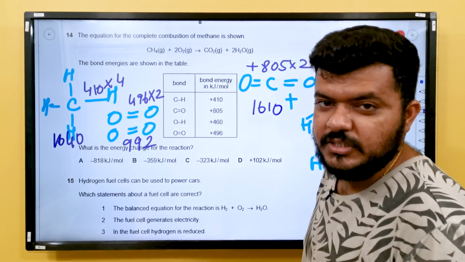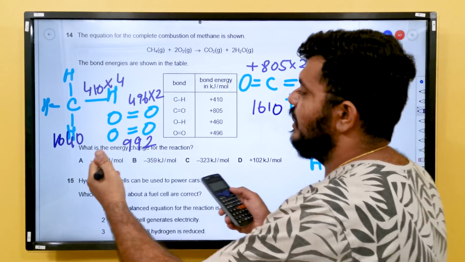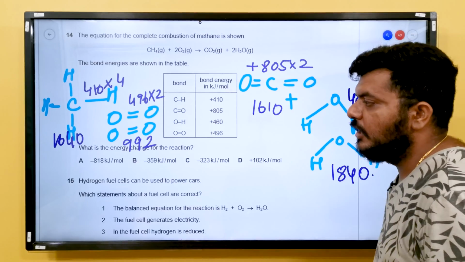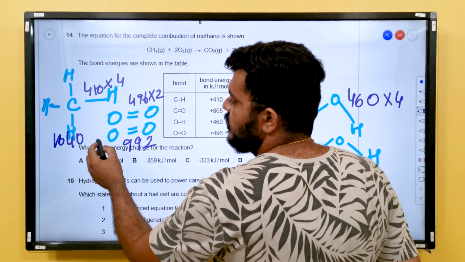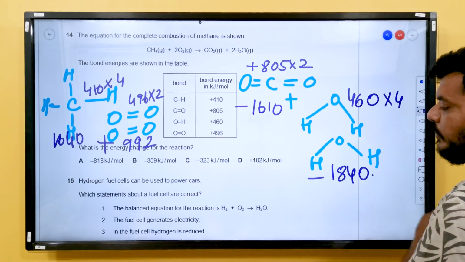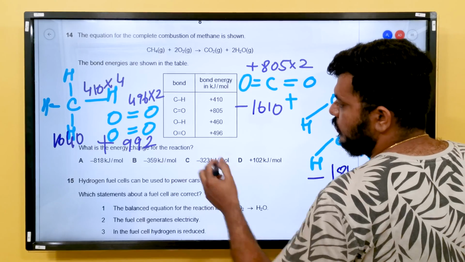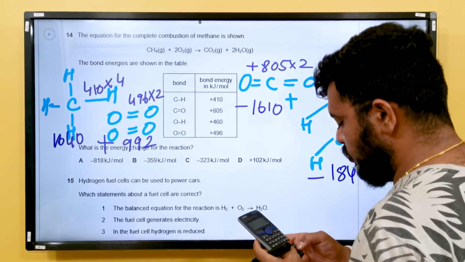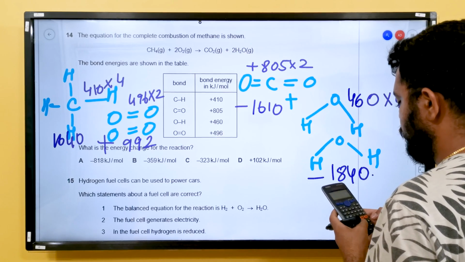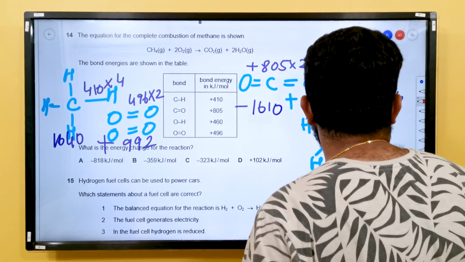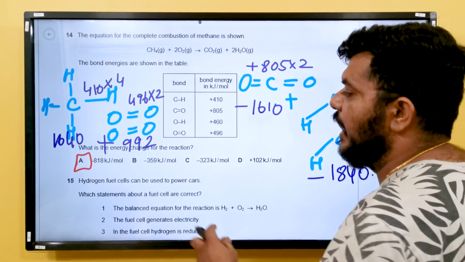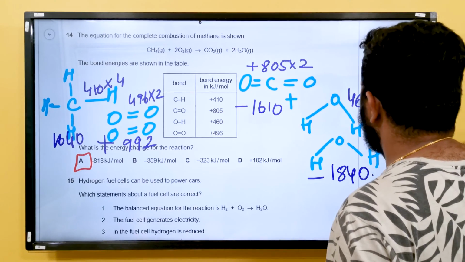Now the change in energy, delta H, is the energy required to break the bonds minus the energy liberated by the bonds. So it is 1640 plus 992 minus 1610 minus 1840. So let's just calculate that. 1640 plus 992 minus 1610 minus 1840, and you have minus 818 kilojoules per mole. Your answer is minus 818 kilojoules per mole.